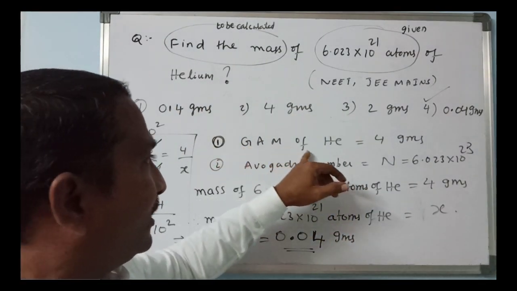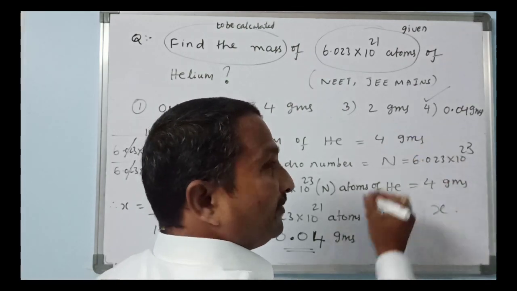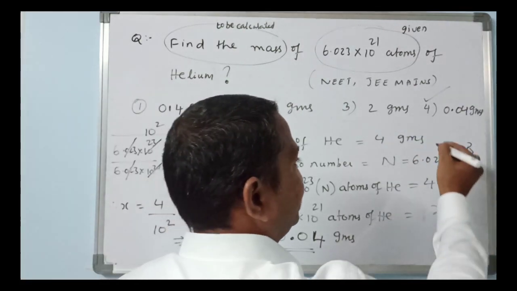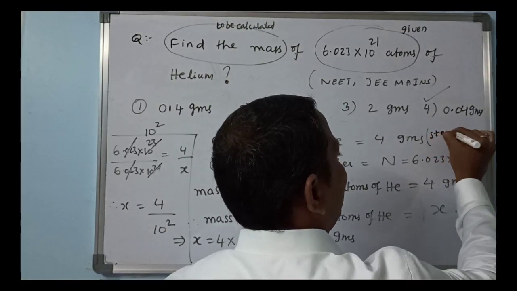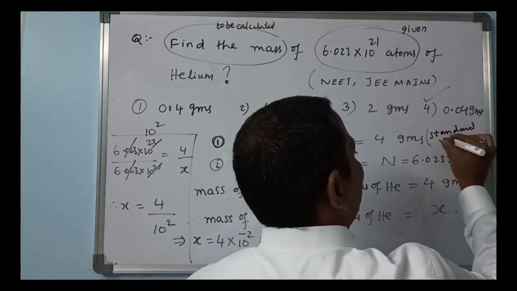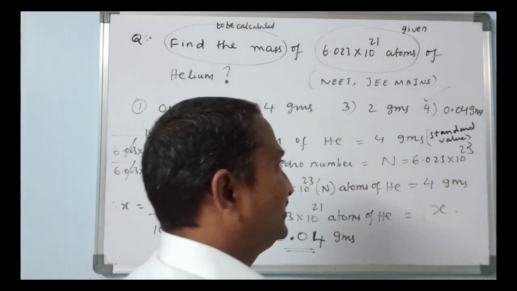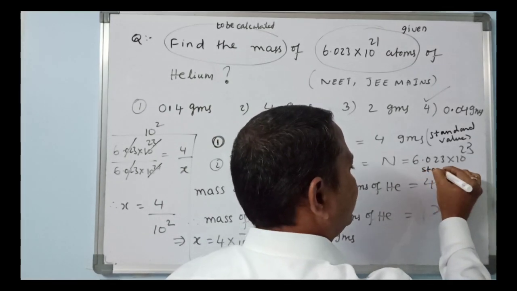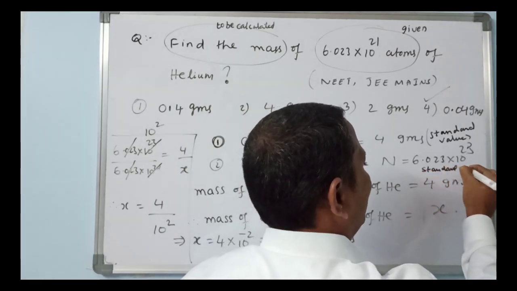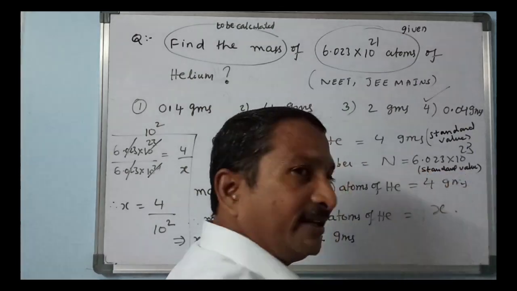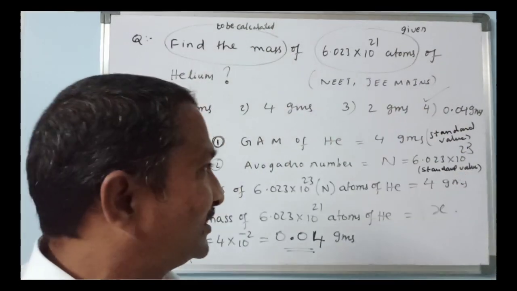First you write the gram atomic mass of helium. This is not given in the sum, but that is standard. This is a standard value. Next you write Avogadro number n. This is also a standard value.